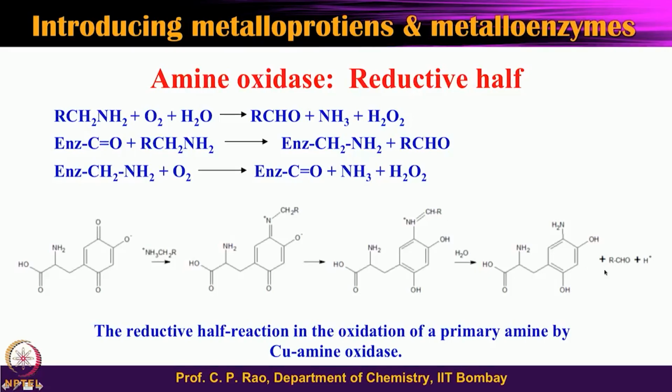So, you have the aldehyde come, but still you have no ammonia seen yet. In the first half you have this amine formation, but still bound to the TPQ. Aldehyde is only released, still ammonia is not released.